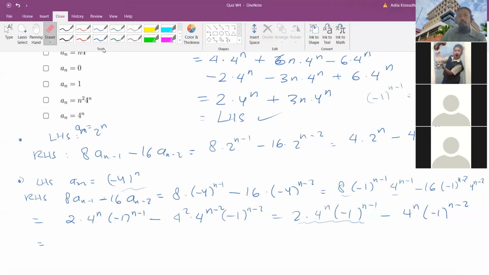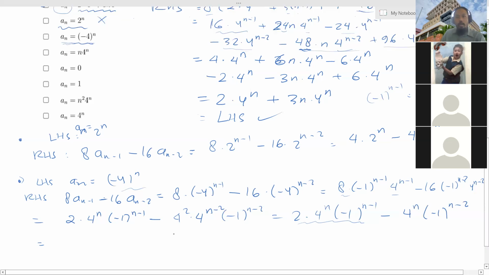So this is actually equal to minus of minus 1 to the power of n. That means this becomes minus 2 times 4 to the power of n times minus 1 to the power of n.